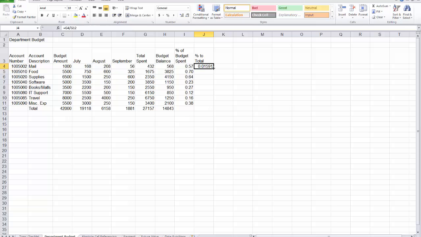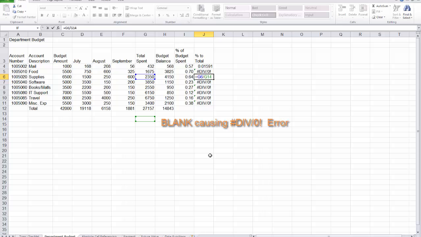But when I autofill this down, relative cell addressing is at work, and relative cell addressing says, hey, if you're going to autofill this down 2 rows, I'm going to look at the data associated with 2 rows down, equals G6 divided by G14, and G14 is blank.